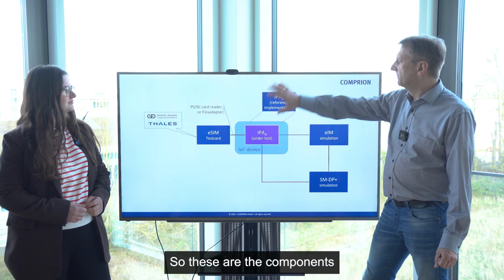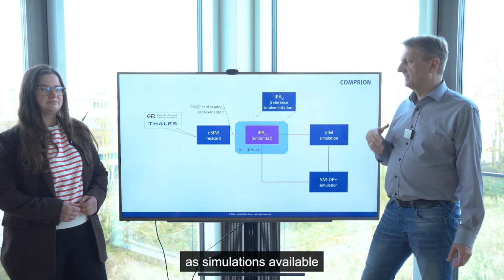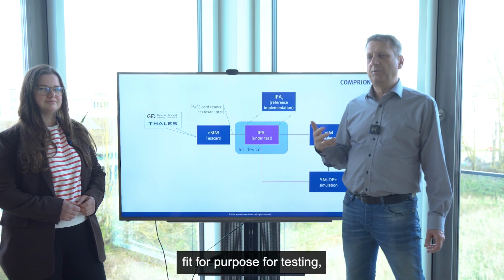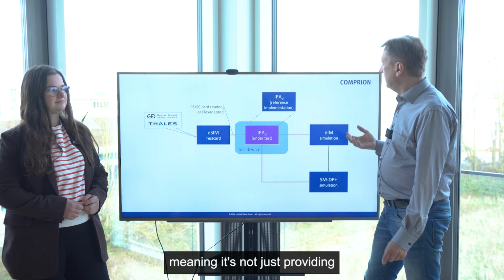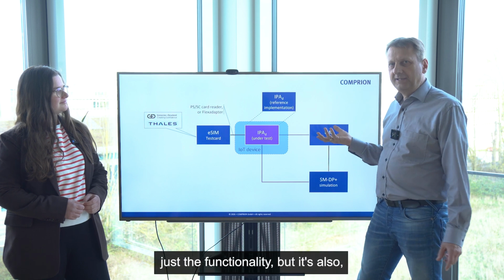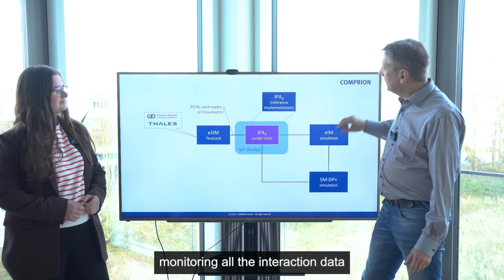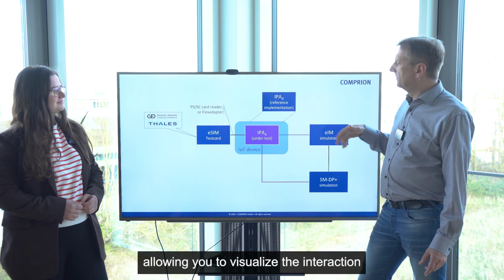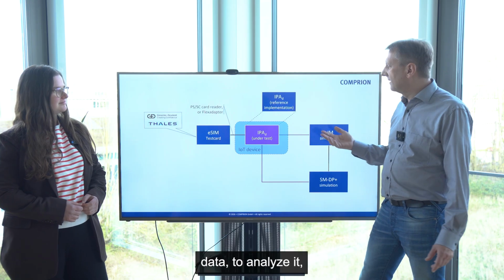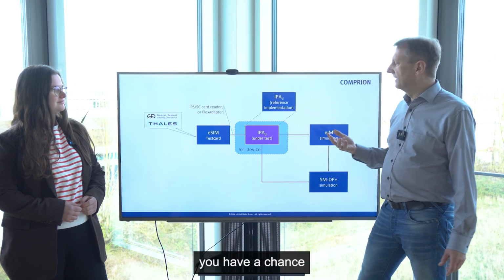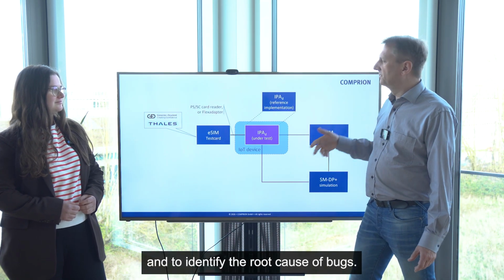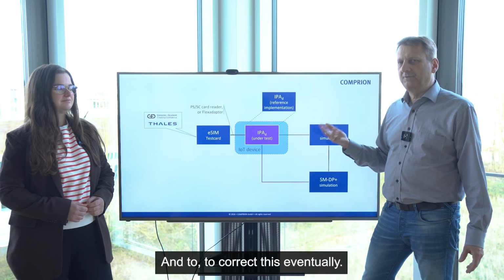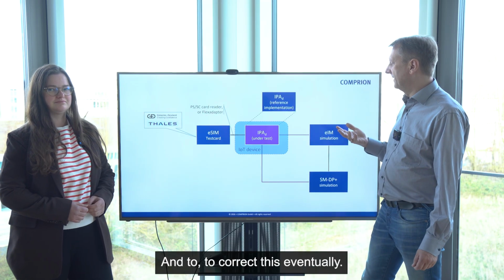You need them as simulations fit for the purpose of testing. It's not just providing the functionality, but also monitoring all the interaction data, allowing you to visualize and analyze it, because only then do you have a chance to identify bugs and their root cause and eventually correct them.